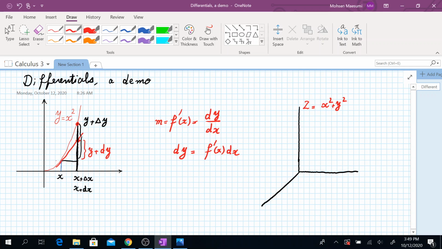In the demo, I'm going to have this divided by 2 so that the function is a bit more flat. We have a surface, in this case a paraboloid, so it's going to look something like this.